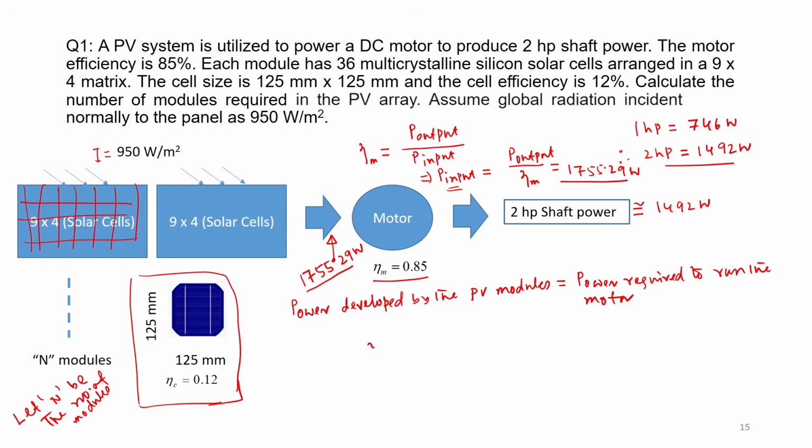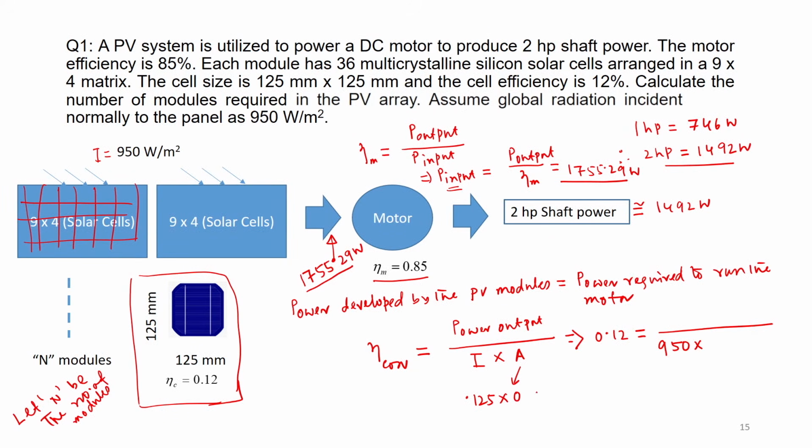So, let us use the expression eta conversion is equal to power output from the PV module or modules, divided by the amount of solar radiation falling on the modules, I multiplied by A. So, this conversion efficiency is 0.12 and I is 950, and this area for a single cell is 0.125 by 0.125.